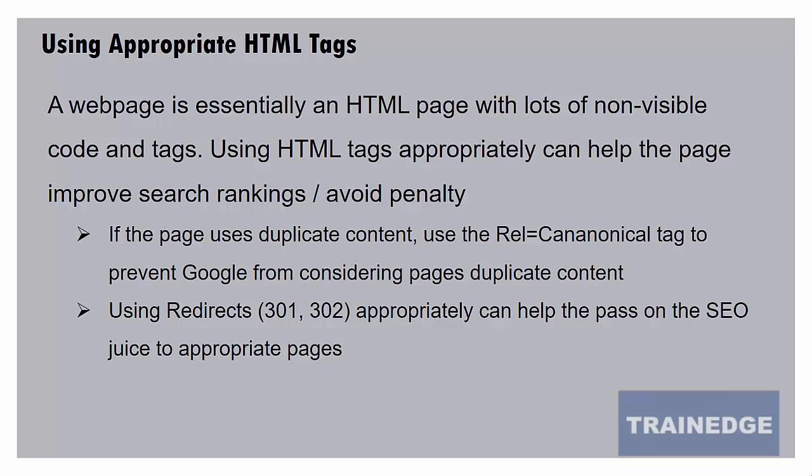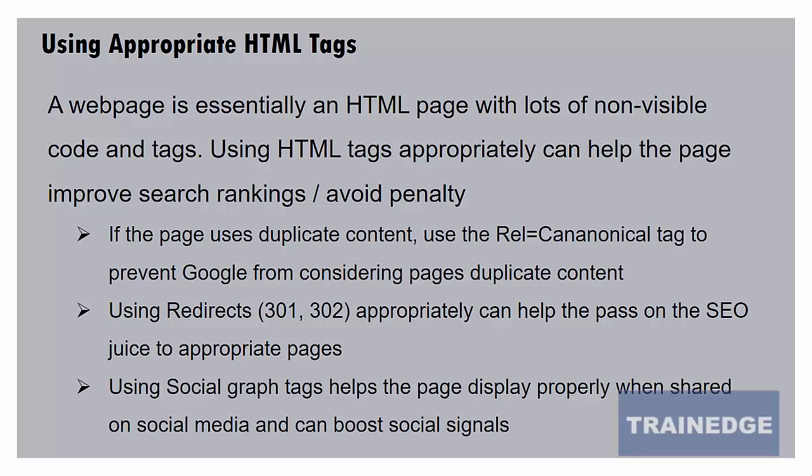Similarly, if you use social graph tags on the page, it will help you control how the page is displayed on social media sites when somebody shares your page. So when someone posts your URL on social media, the title that shows up, the image that shows up, and the description that goes along with it can be controlled using social graph tags.